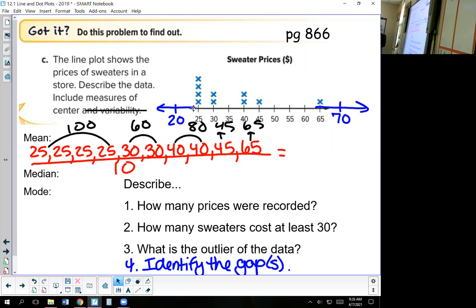Oh, I got a whole number. Can you get a whole number for the first one? So find the median, which is the middle number, and find the mode. 30, 30, 40, 40, 45.